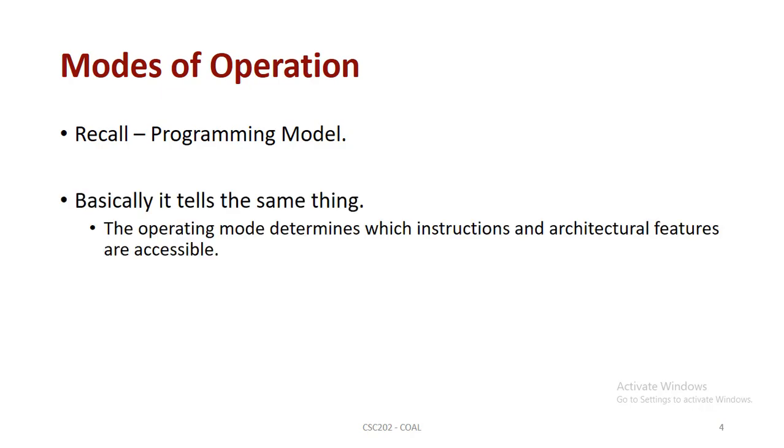A programming model tells you what things a microprocessor exposes for a system programmer: the ISA of the microprocessor, the instructions which are exposed and available to a programmer, and the different architectural features which are accessible. So modes of operation actually tell you the same thing.